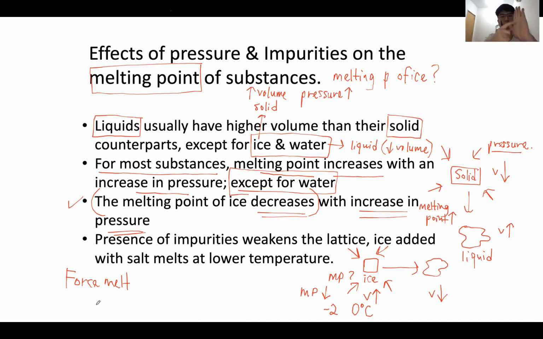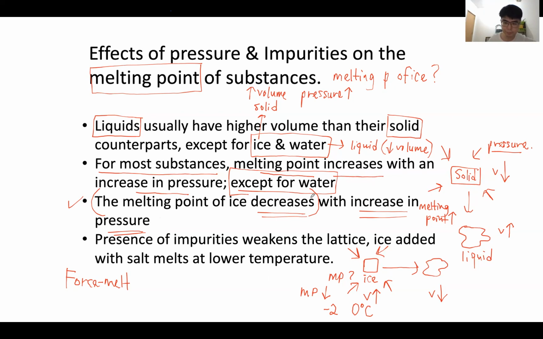When they step on the snow, they force melt it, and it creates a layer of liquid that makes them easier to slide, to skate. So this is one of the applications. They use high pressure to force melt.